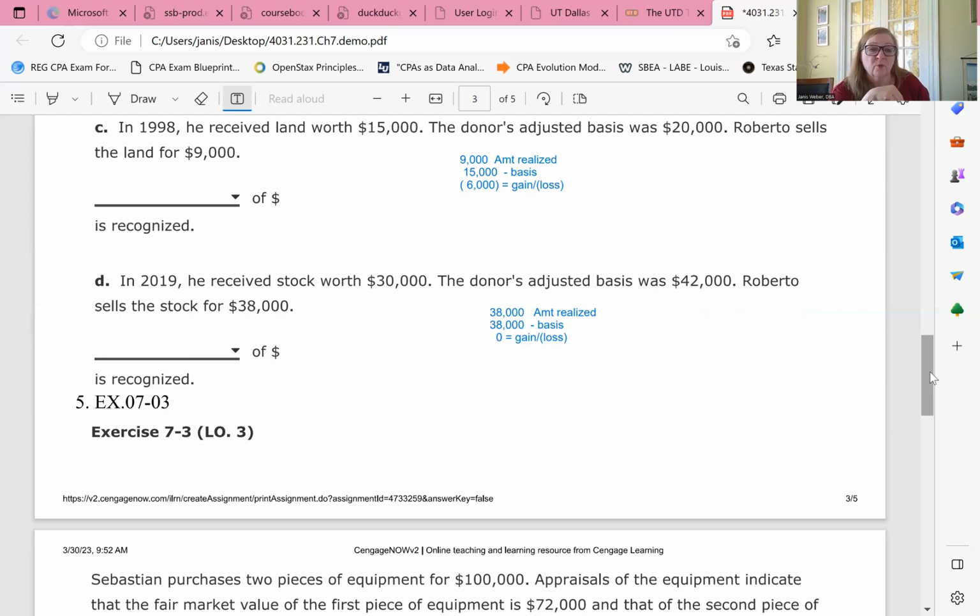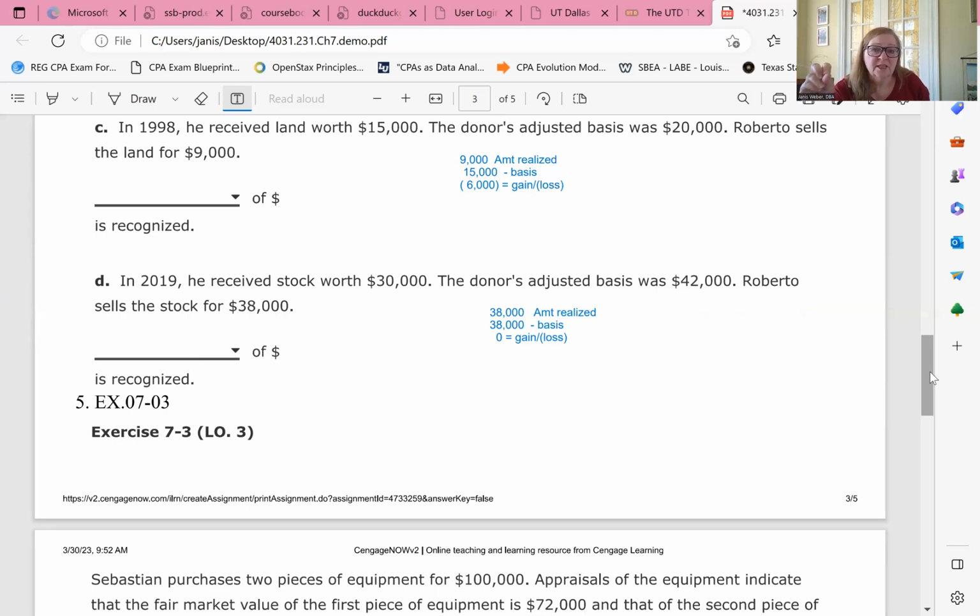But in any case, this fourth scenario is the one that causes this substitute basis. In 2019, he received stock worth $30,000. The donor's basis was 42, so it requires dual basis rules. Roberto sells the stock for 38,000.